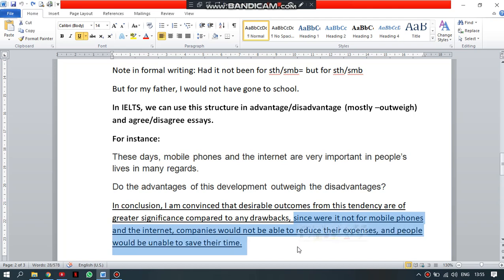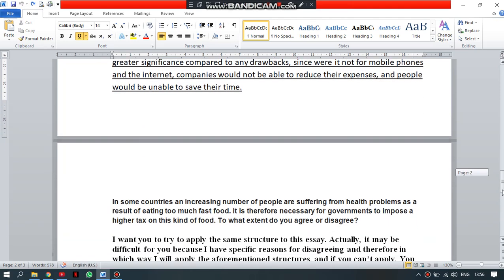So I have shown that positive signs such as allowing companies to reduce their expenses and people can save their time. So these are the advantages. I have mentioned the advantages shortly and written that because of these advantages they are more important. So these advantages are more important. And I have used "but for." So type 2 structure.